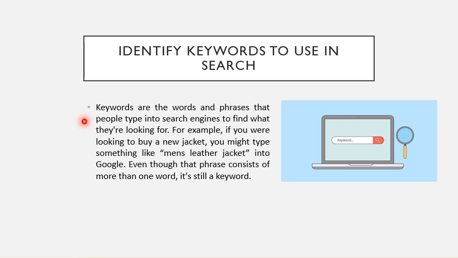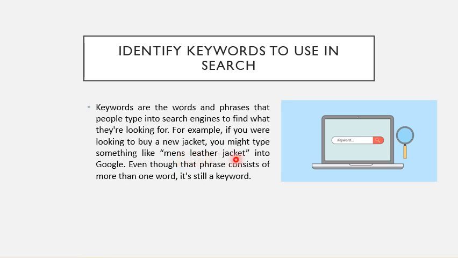Even though that phrase consists of more than one word, it's still a keyword. When we open Google Chrome, we see a search bar like this over here. We write down whatever we intend to search there. Let's suppose I want to search men's leather jacket.